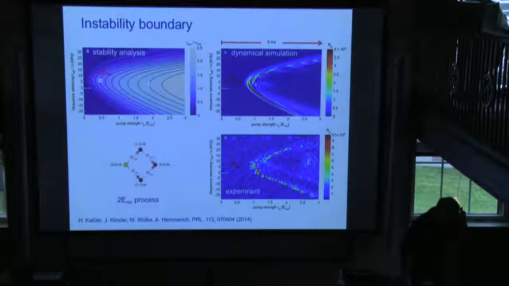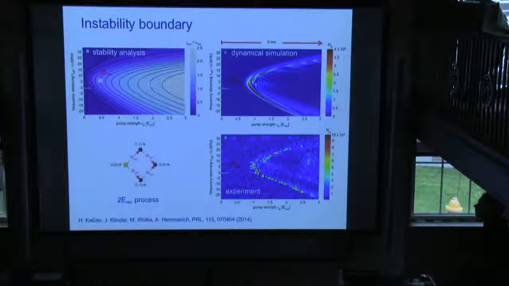Before I show you such scattering pulses, I very briefly want to discuss how you can understand what will happen here. This is the stability analysis, where simply the equations of motion have been linearized around the solution where no scattering occurs.